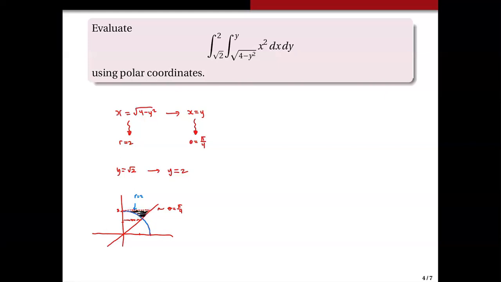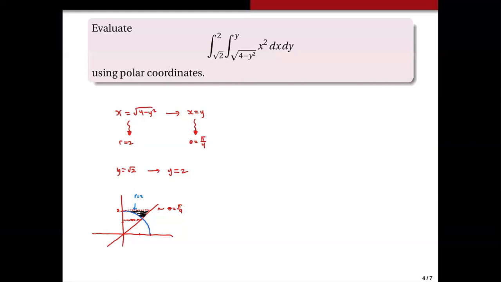And your y is from square root of 2, which is at this point, until the value of 2 here, until that point. So this is horizontal. All right, if that is the case, we now have identified the region.